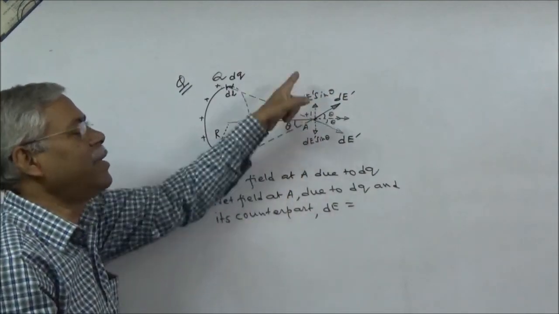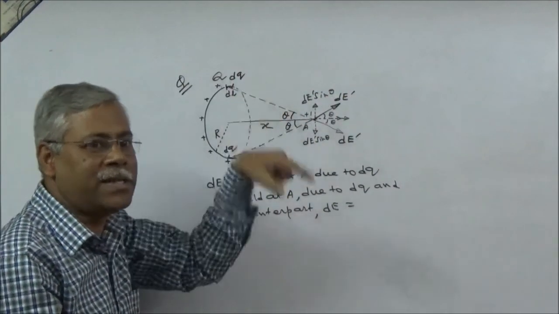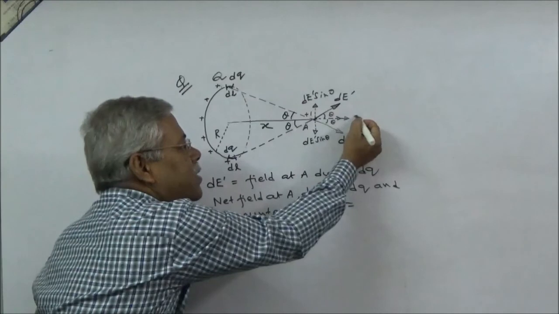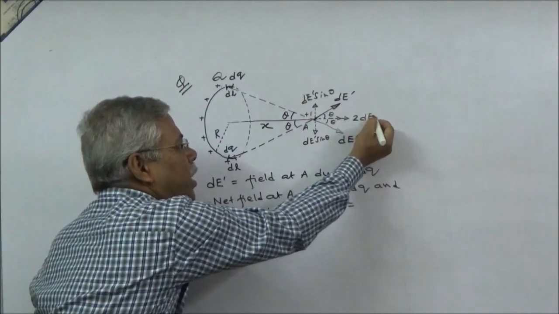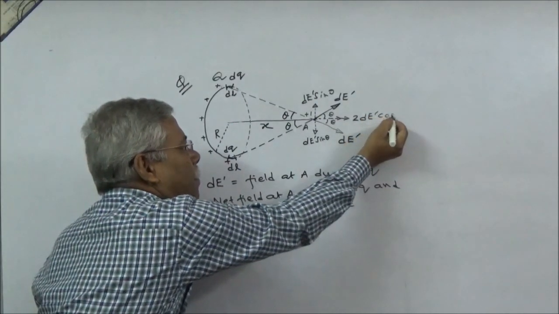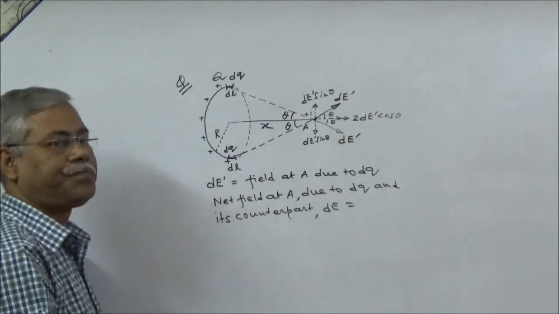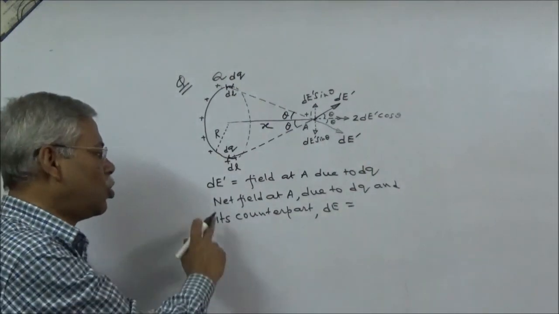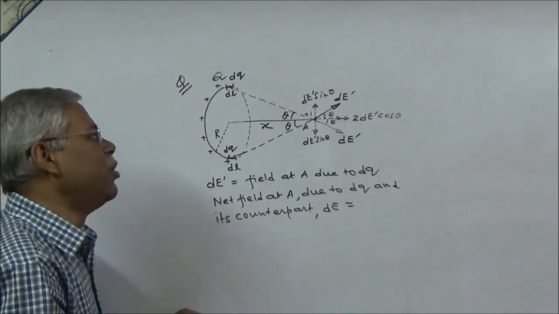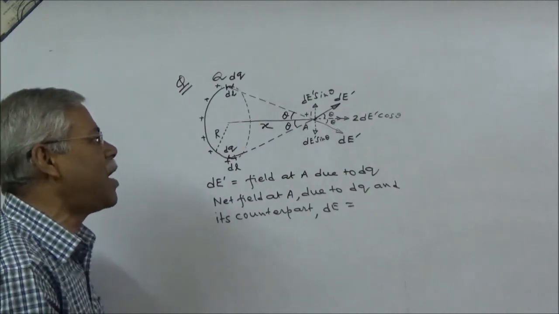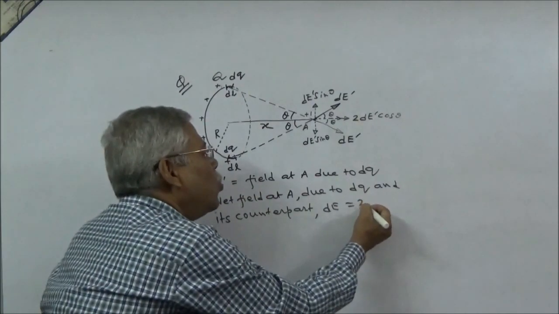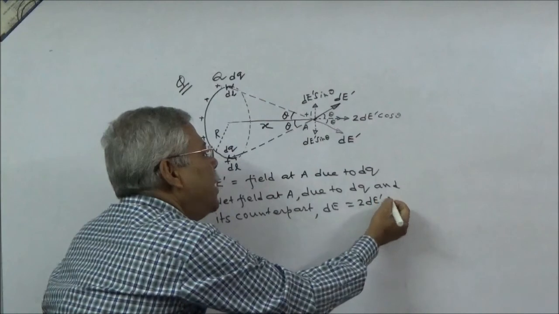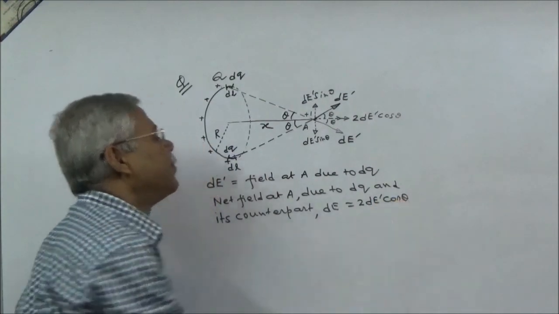So dE dash sin theta and dE dash sin theta cancel each other, and this becomes 2 dE dash cos theta. So net field at A due to dq and its counterpart, dE equal to 2 dE dash cos theta.